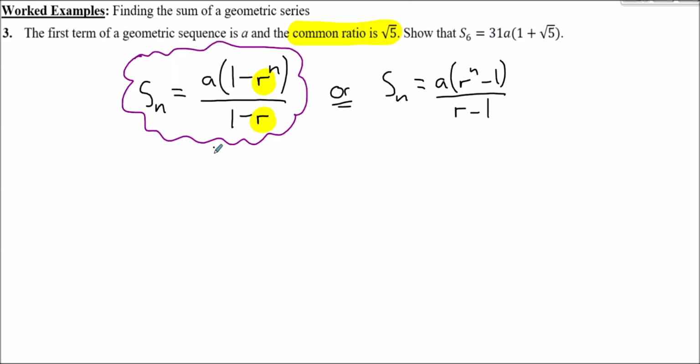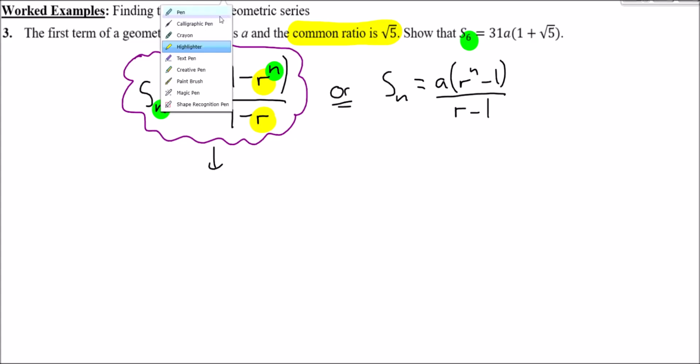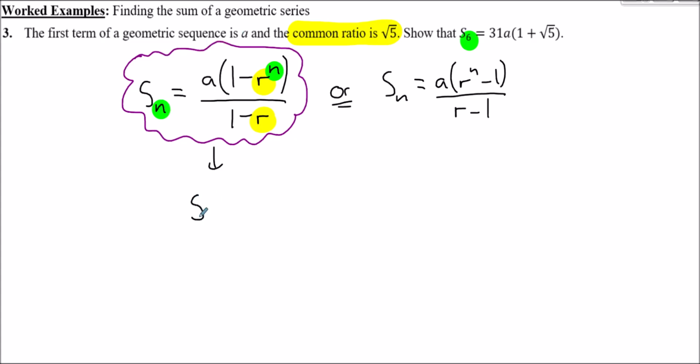So if we take this and sub in that n is 6, we see that the sum of the 6 terms will be the first term a, then 1 minus root 5 to the power 6, all over 1 minus root 5.